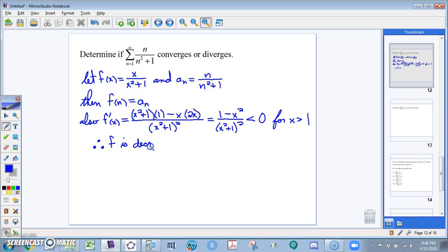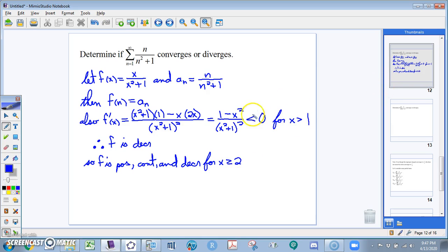So some professors and the textbook will make you show this work of proving that it is a decreasing function. We really should be able to look at this and understand that it is. So what we now know is that f is positive, continuous, and decreasing for x greater than 1, or what I could write is x greater than or equal to 2.